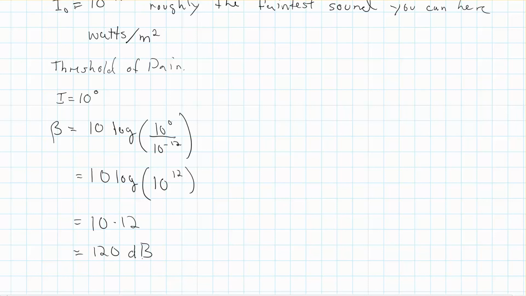Now, something that's even louder than that would be a jet engine if you were standing only 30 meters away from it, which is actually pretty loud as well. I believe it would be 12,000 decibels, but I'd have to double check the computation.